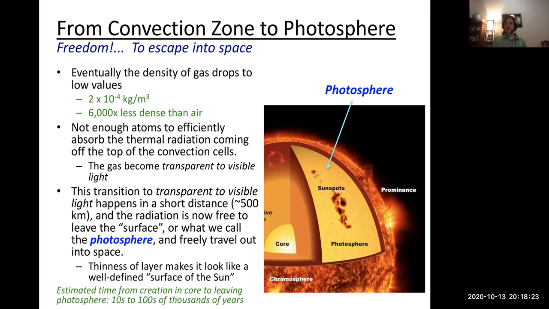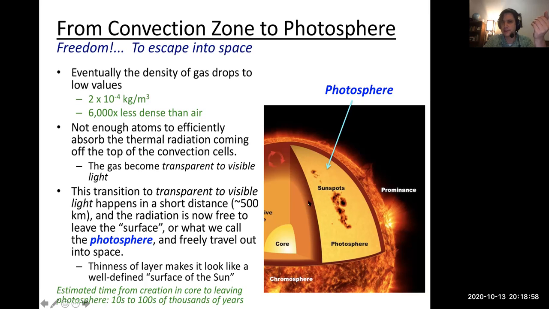So very, very thin. And with so little material there, there's just not enough atoms to absorb all of the thermal blackbody light being produced by the solar material, the hydrogen and helium of the sun. In this region where we get to the photosphere, the densities are dropping super fast, and there are just not enough atoms.